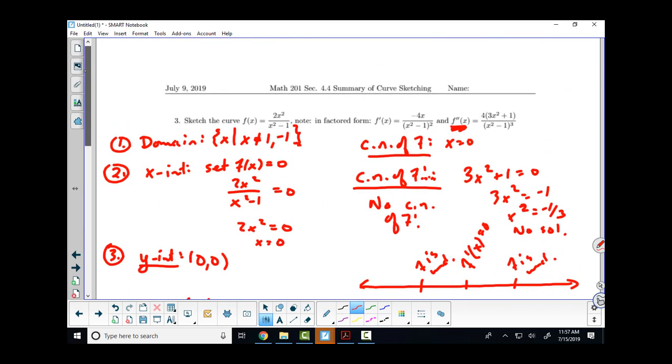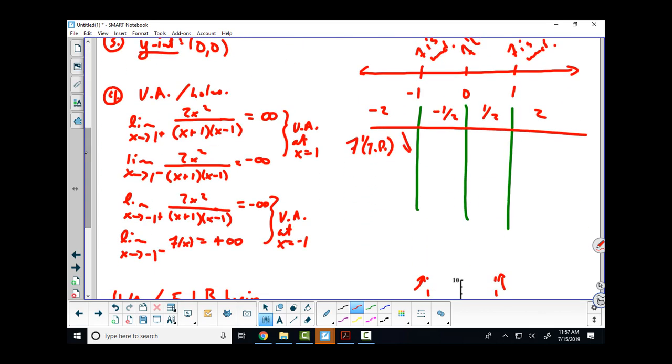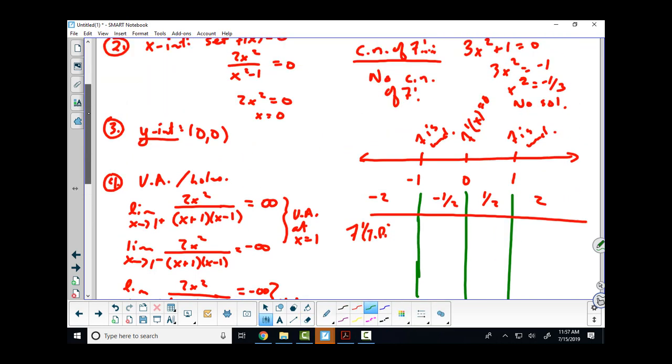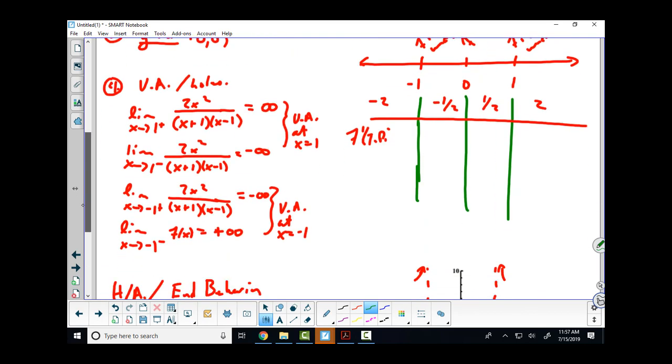Notice that the denominator will always be positive. And so we get that we start off decreasing. Is that true? I feel like that's not true. Let me double check that. The denominator is always going to be positive. We plug in a -2 for x. We get that this is positive, so we're going to be increasing there.